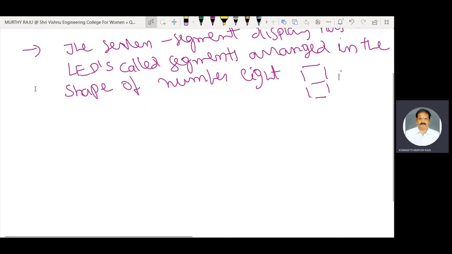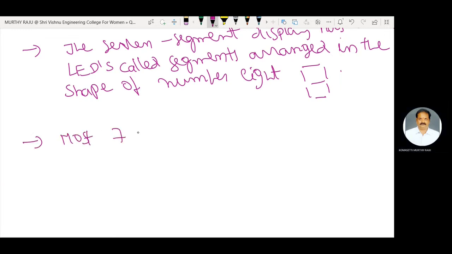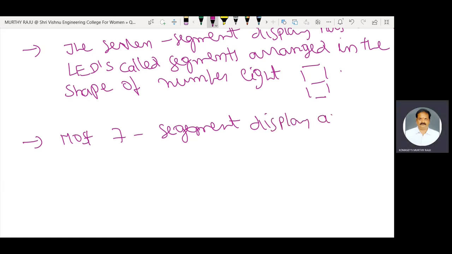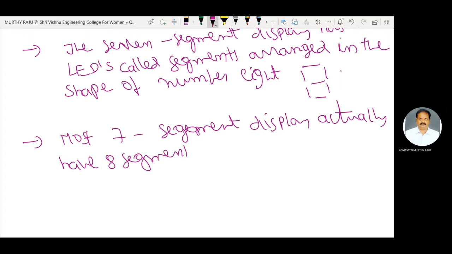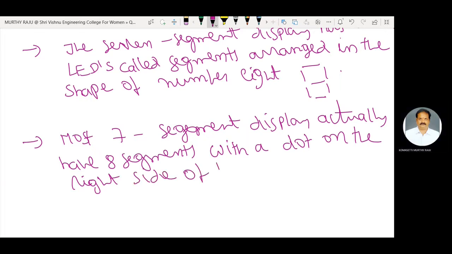Generally, most 7 segment displays actually have 8 segments with a dot on the right side of the digit that serves as a decimal point.